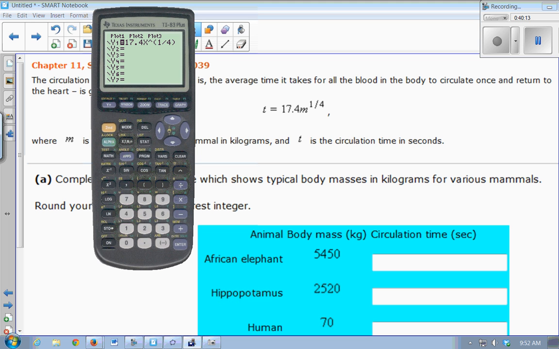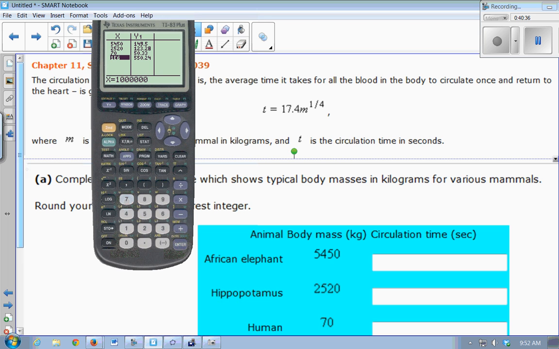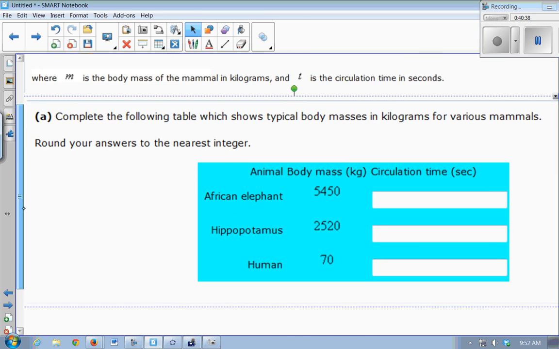So you just type the function in y1 and then use your table feature, which is the second graph function, and then we can just type in all the x values we want, and it'll tell us the y values. So I'm going to put in 5, 450, 2520, 70. What else do I want? Oh, that's it. Okay, cool.